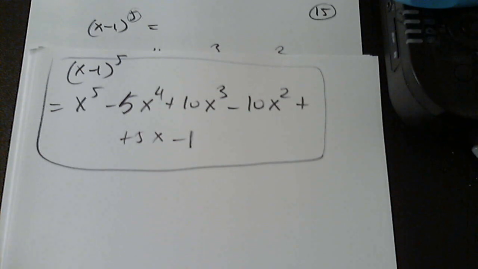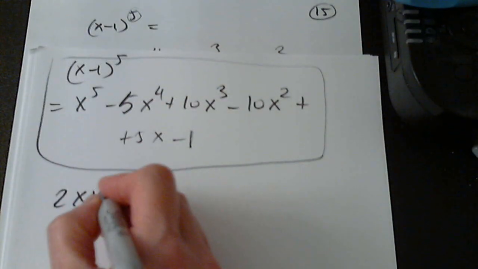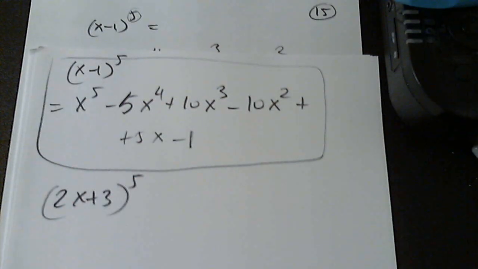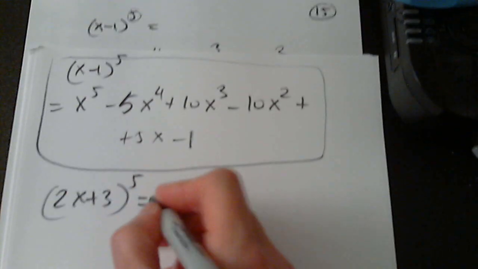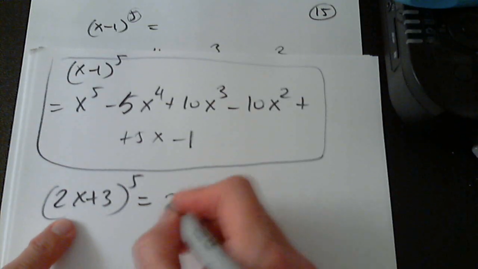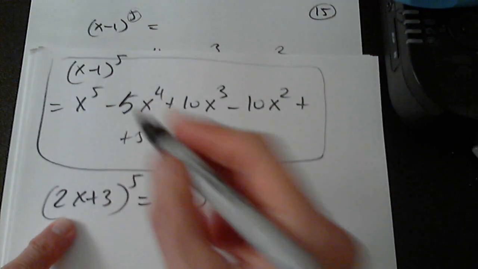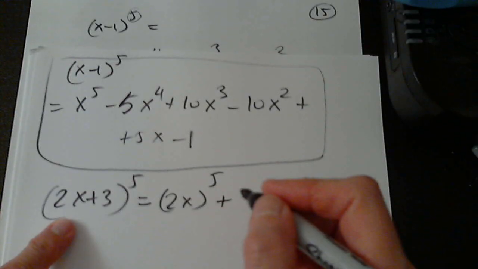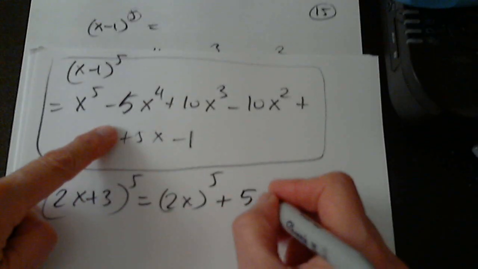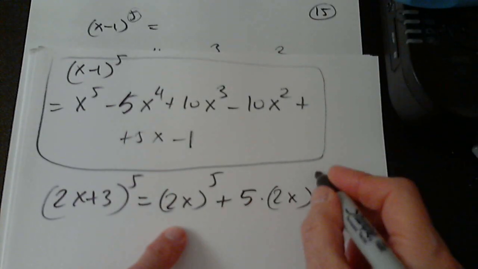When we look at the other example, or you can make one up, it doesn't have to be this, but if you want 2x plus 3 to the 5th power, for example, this is what we have. Coefficient 1, 2x to the 5th power, plus coefficient 5, 2x to the 4th power.